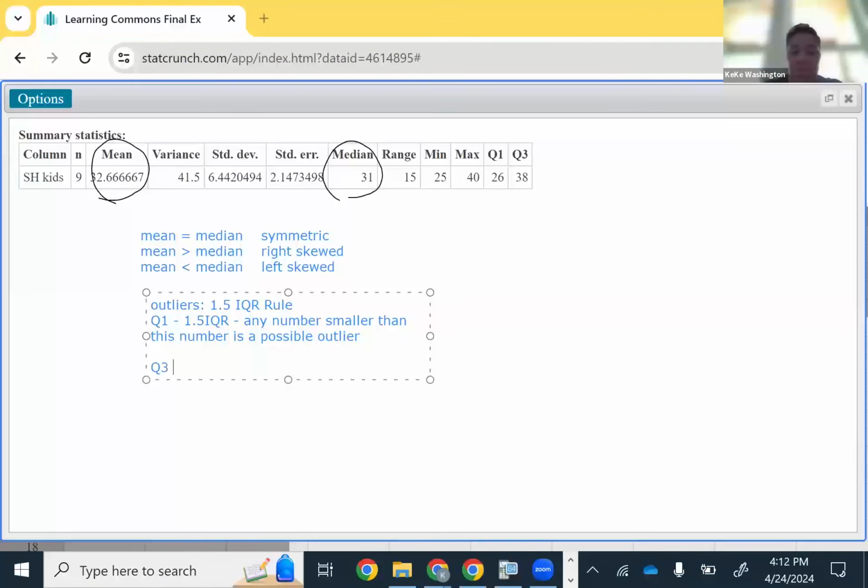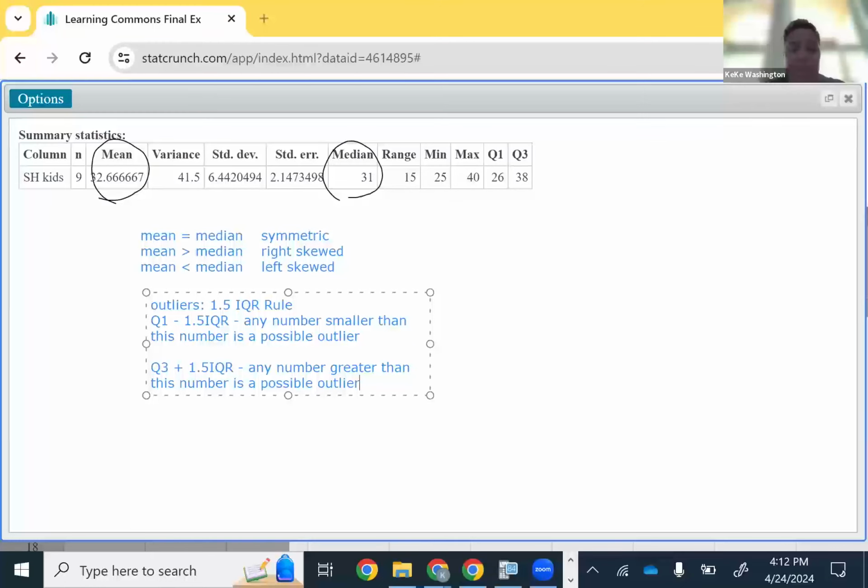Then we're going to take Q3 and add 1.5 IQRs. And any number that's greater than that is a possible outlier. Right, so given that information, do we have any possible outliers in this group? Do we have any kids that are extremely old or extremely young from Steve Harvey?